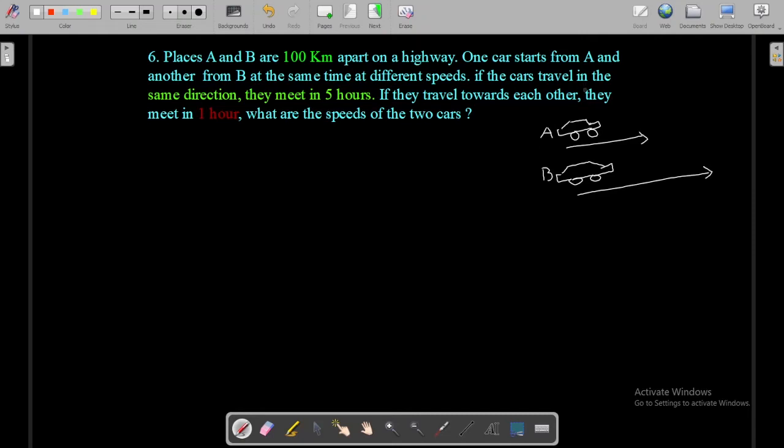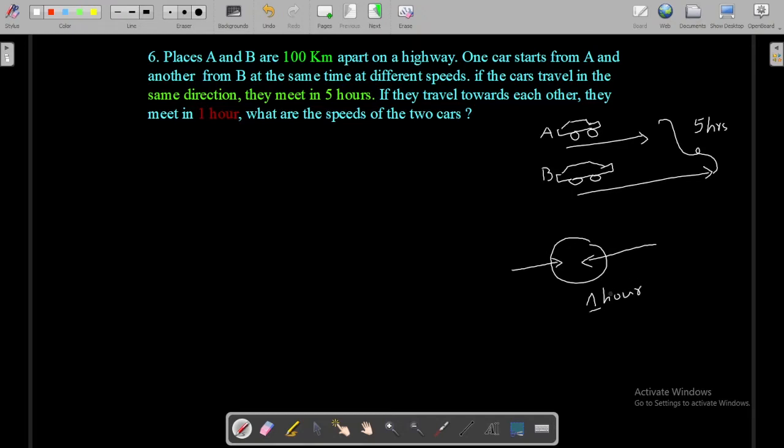If the cars travel in the same direction, they will meet after 5 hours. If they travel towards each other, that is, if one car is going like this and the other car is coming in this direction, they will meet each other after 1 hour.